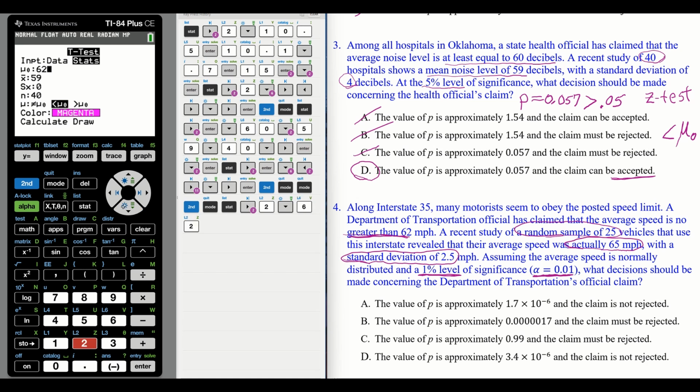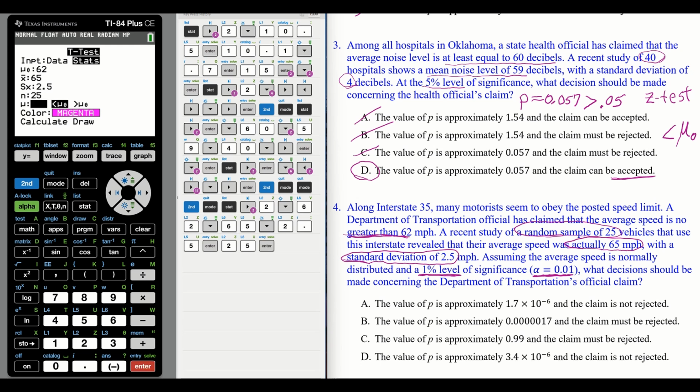I'll believe it for a second. They did that during bad traffic. And our new is going to be 65. Now our standard deviation is 2.5. Our sample size is small, 25.